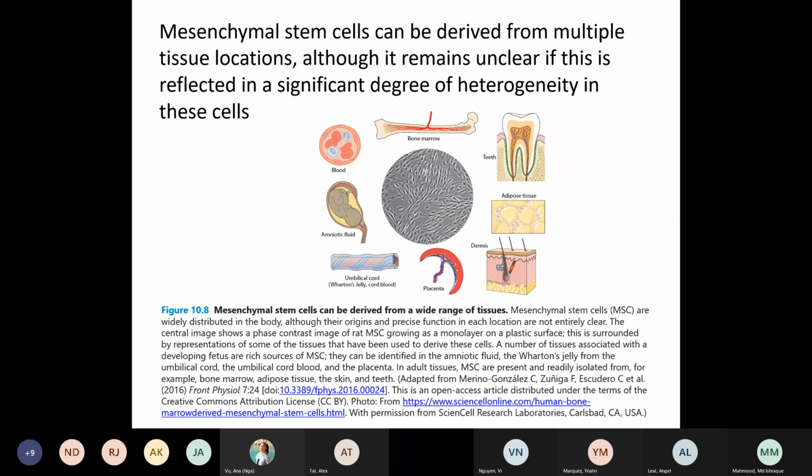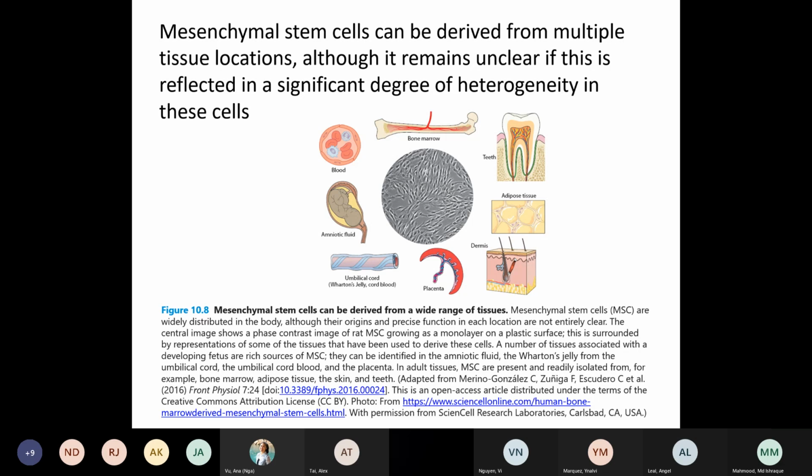If you remember the four criteria, they are not that difficult to fulfill. Attachment to a plastic surface, a lot of cells will do that. And some cell surface markers, not hard to fulfill. Apparently they have a lot of things in common, but from different places, are they different?